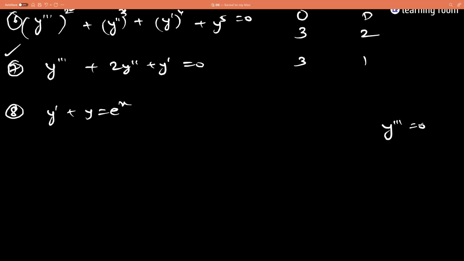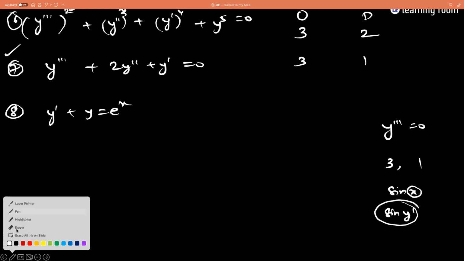What is the order? 3. Degree is 1. I'm saying whenever you have a function like trigonometric or exponential or logarithmic, so in the function, instead of having x inside, if you have any differential coefficient inside, for this kind of a function, degree is not defined. Got it? Yes, sir.